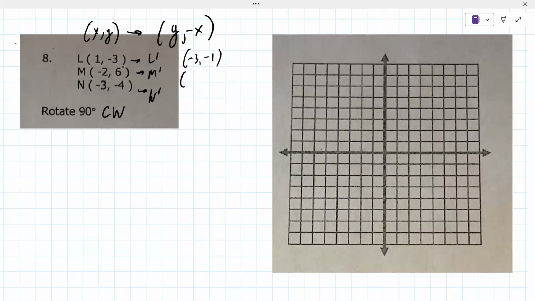M prime is 6, 2. And N prime is -4, 3. All right, so go ahead and graph it, and I think you'll see the transformation.